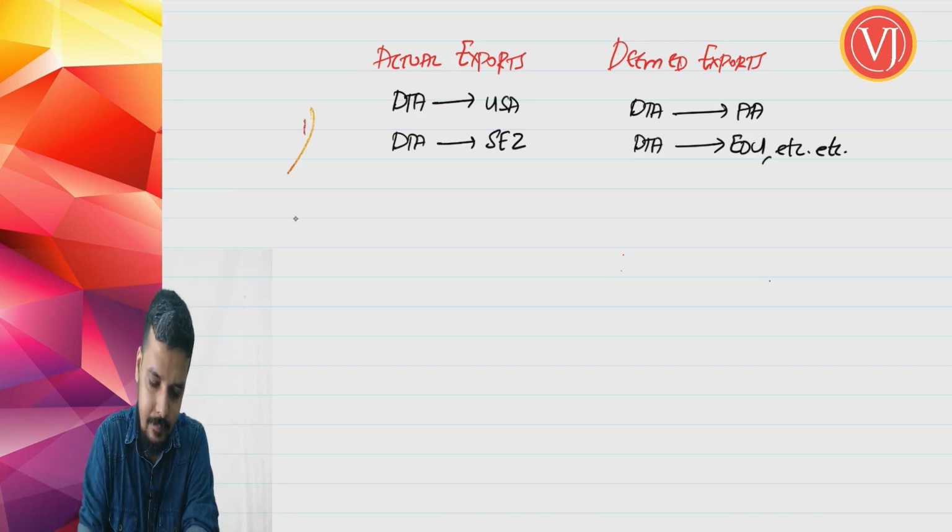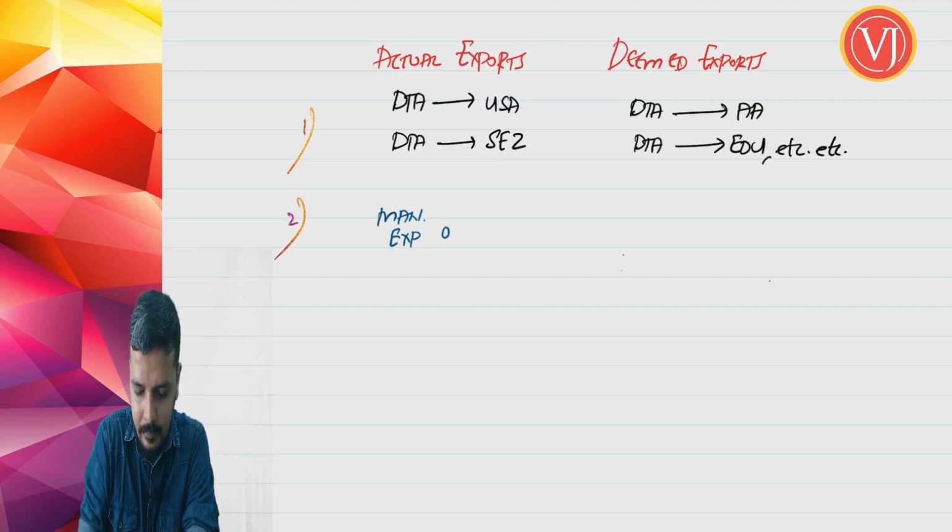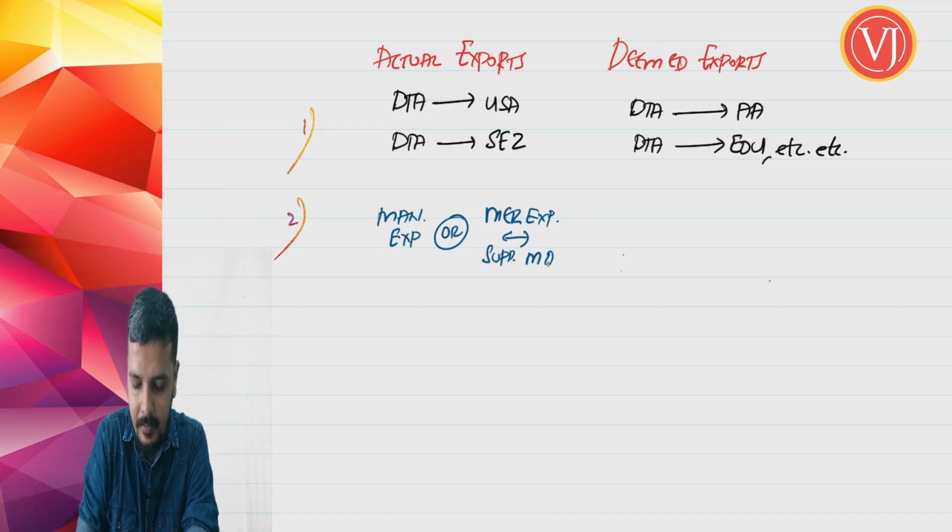Second difference, which is very important. The benefit here is, friends, for whom? Manufacturer exporter, or merchant exporter tied up with supporting manufacturer.